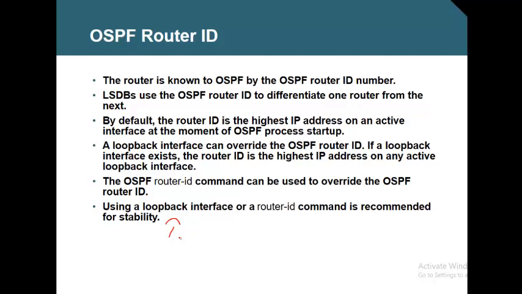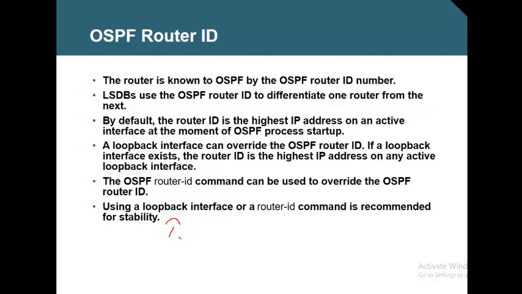Whether OSPF runs or not, the loopback interface address can be used as a router ID. So the neighbors, when they receive the update with the router ID, are not going to check whether they are able to ping the router ID.